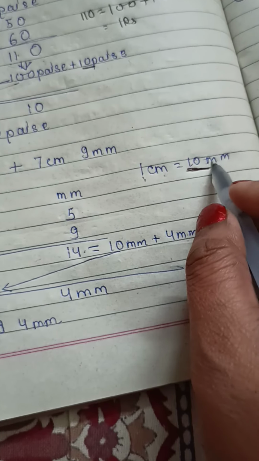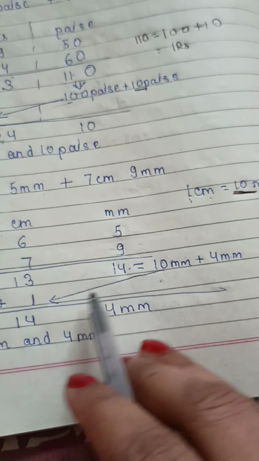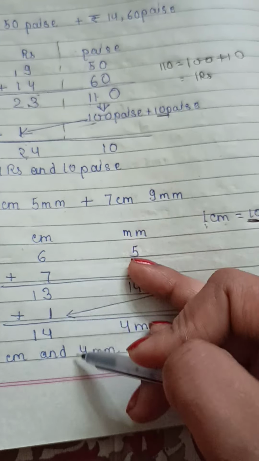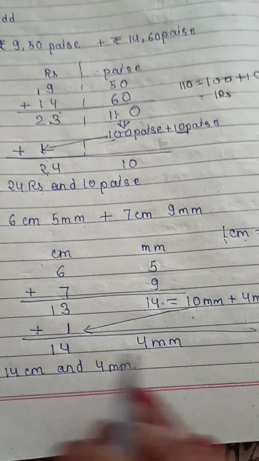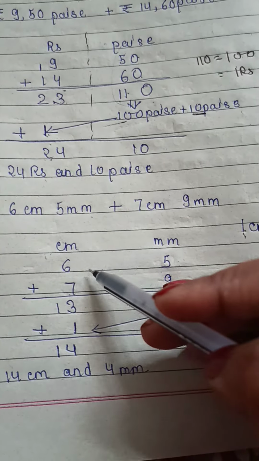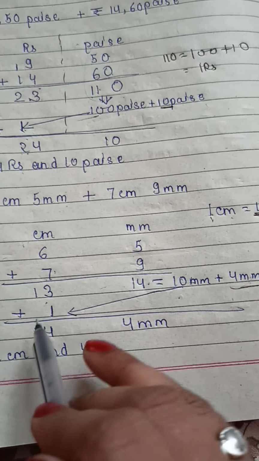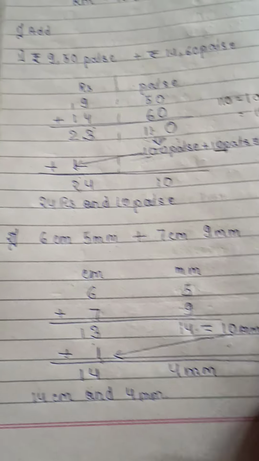But this 10 millimeter converts to 1 centimeter, and that 1 centimeter is going to be added in another column, because the centimeter column is here. Remaining is 4 millimeter only. So now 6 plus 7, you will get 13, but 1 centimeter is added here, so this will become 14. Understood?